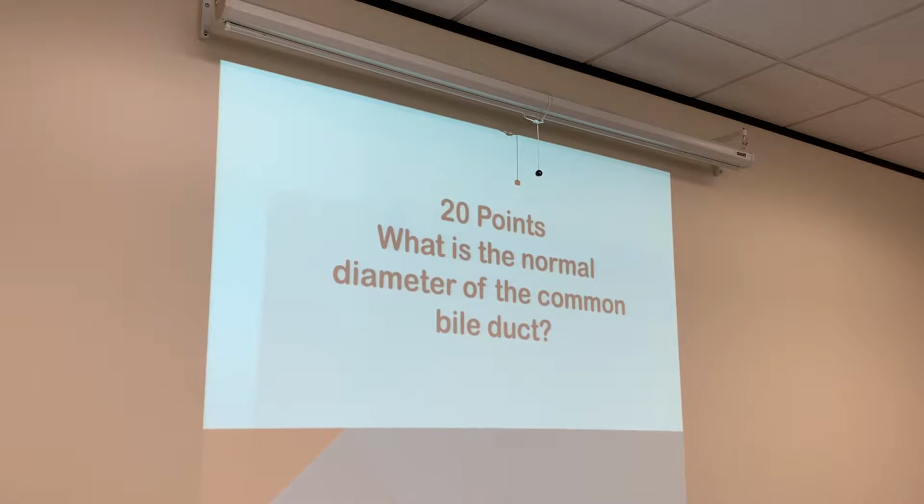Okay, we didn't talk about this. The normal diameter of the CHD is usually going to be in the high teens to the low 20s in millimeters. The common bile duct is going to be in the middle 30s, but no greater than 6 millimeters.